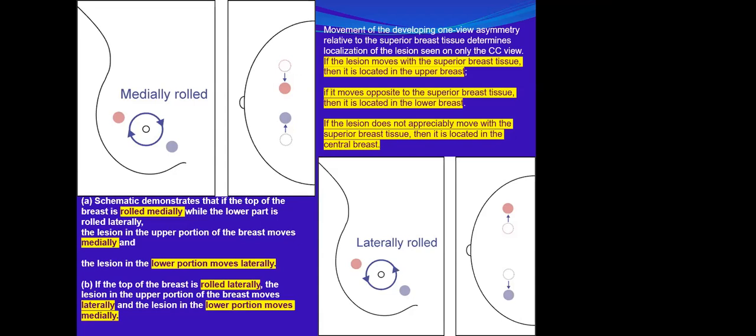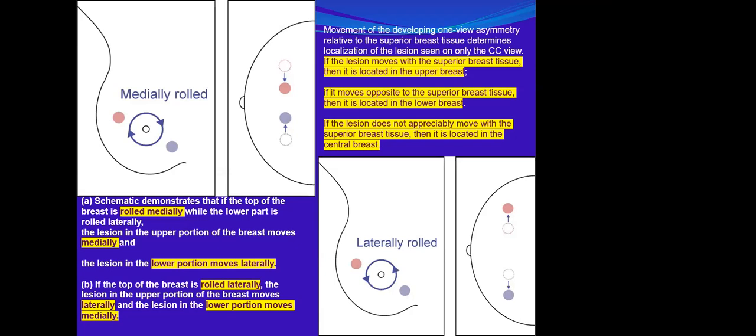But if you roll medially and the lesion goes laterally, or the reverse, that means it is in the inferior breast. You got it? If the lesion is in the superior breast, it will go with your rolled tissue.